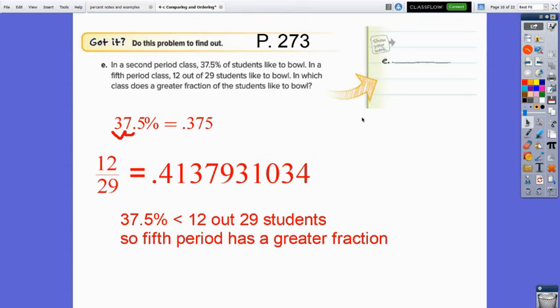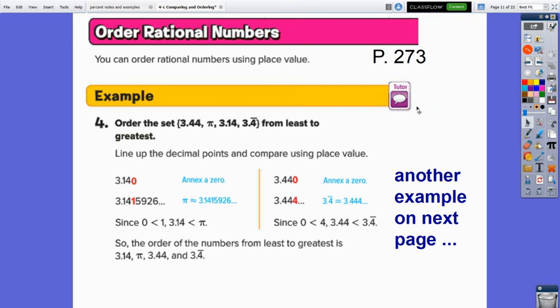All right, so that's comparing two numbers, fractions or decimals. Well, if we add more numbers in, then we can put these numbers in order, and we've done this before, okay? So if you have more than two numbers, then you keep comparing each one to the next one to put them in order from least to greatest or greatest to least, all right? So again, you use place value when you convert them all to decimals.